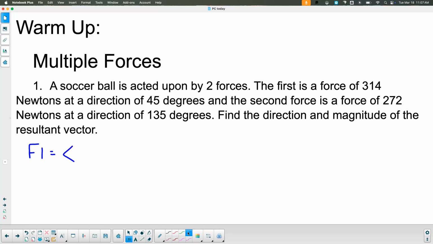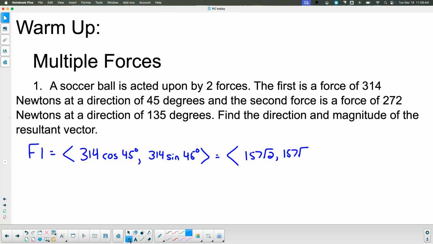So force 1 is going to have a force of 314 newtons at a direction of 45 degrees. What is 314 divided by 2? 157. Okay.